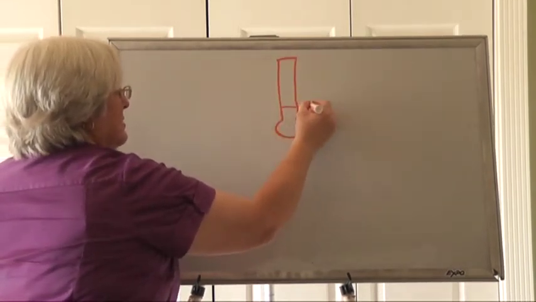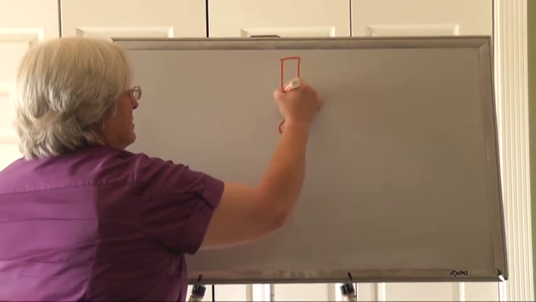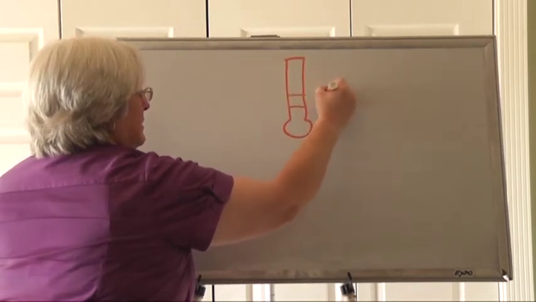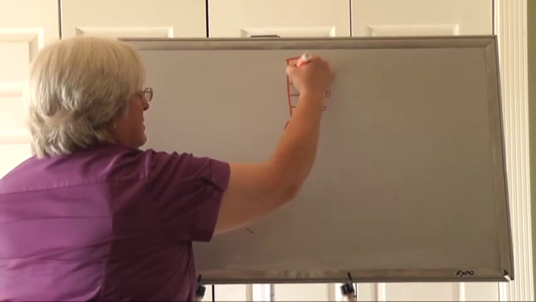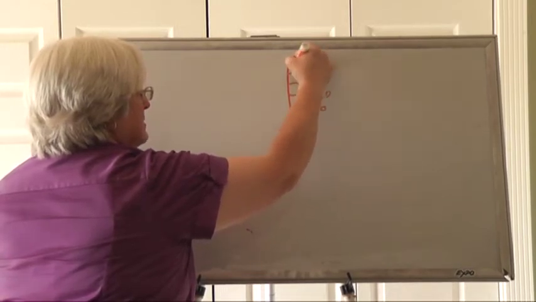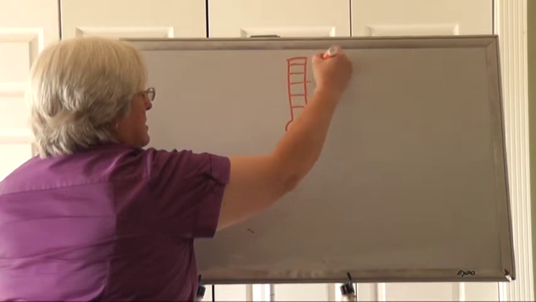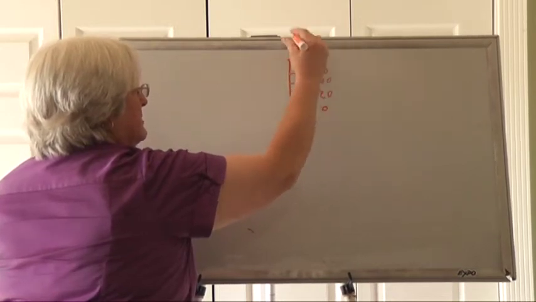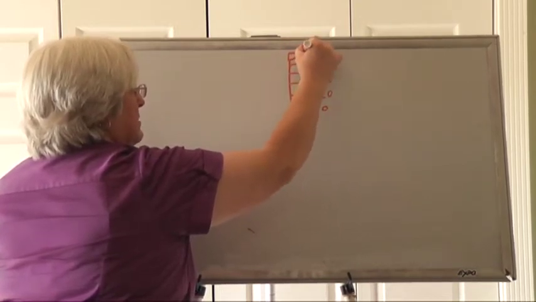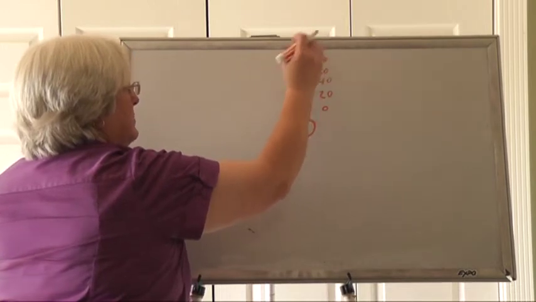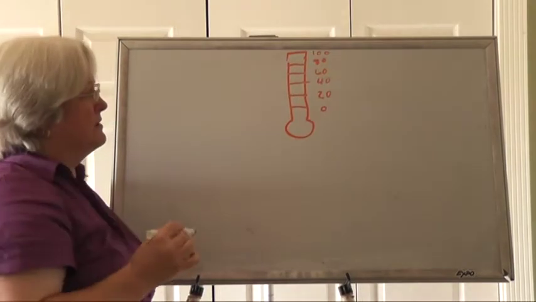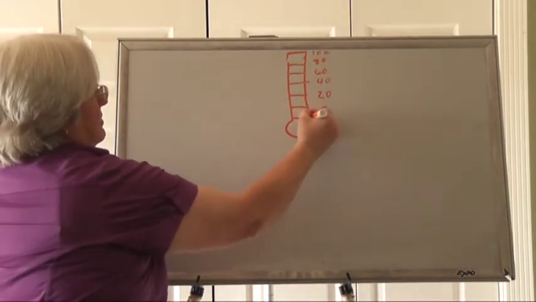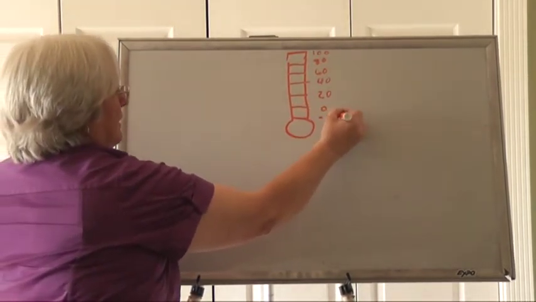Say right here, 0, 20, 40, 60, 80, and up here at the top, I'm going to put 100. This line right here, I'm going to put a -20.